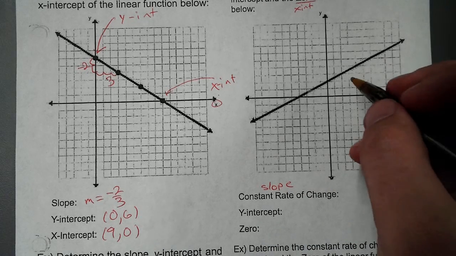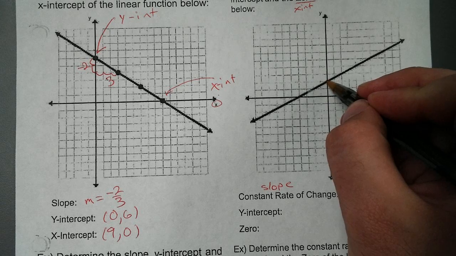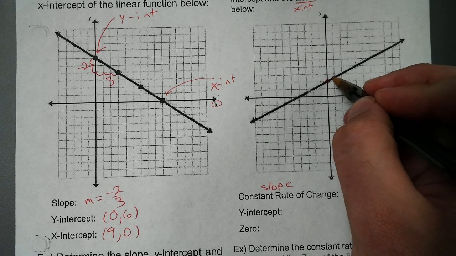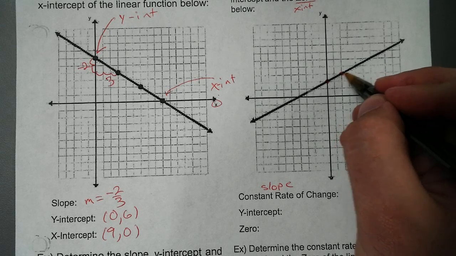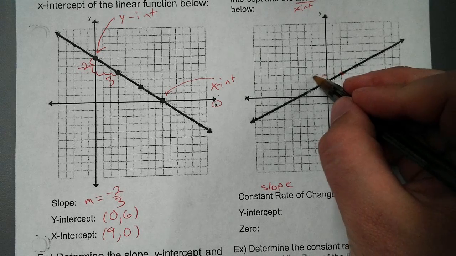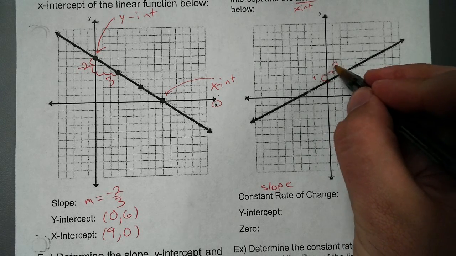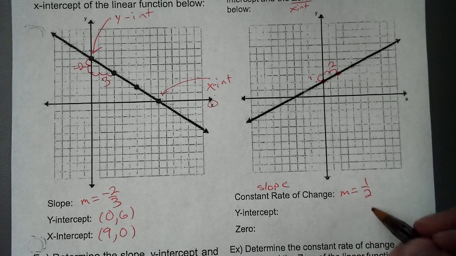Any 2 points. Now, it didn't give us points, so we're going to look at where they cross. I've got one crossing up and down and side to side right there. And I've got one crossing right there. And right there, it looks like it's going to go up 1 over 1, 2. So my slope is just 1 over 2.